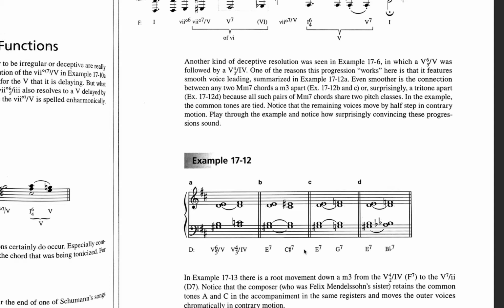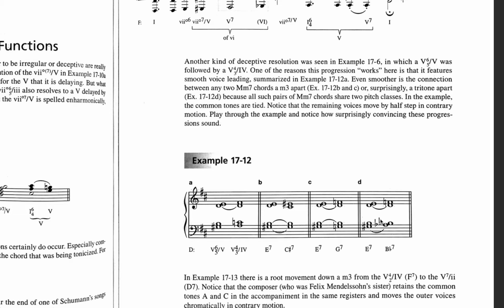So that's a minor third below, or a minor third above. Look at this. G sharp, B, D, E. So D and B are the same, and the other 2 voices move just chromatically, a half step below and a half step above. And then E to B flat. And again, we have D as the same note. G sharp goes to A flat, which really is the same note. And then E goes chromatically to F, and B goes chromatically to B flat.